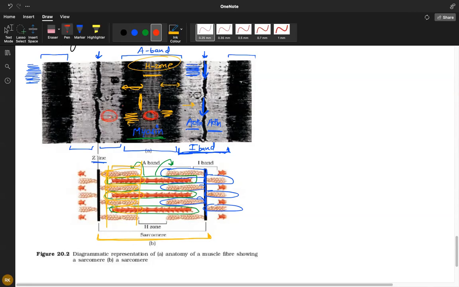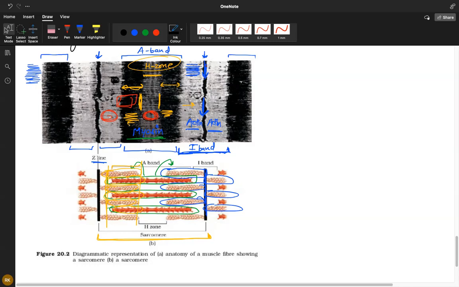This is the darkest because here both are present together. So myosin is in the A band only and it is darker, whereas actin is in the I band and it is lighter, and the H zone is slightly lighter than the dark zone and darker than the I zone, where only myosin is present, no actin overlap.